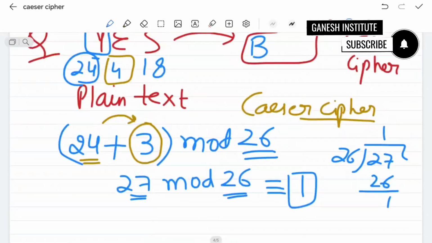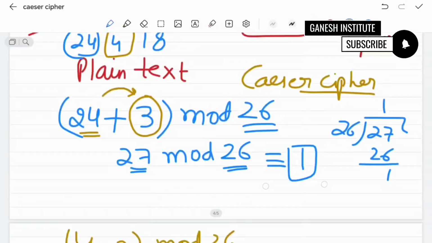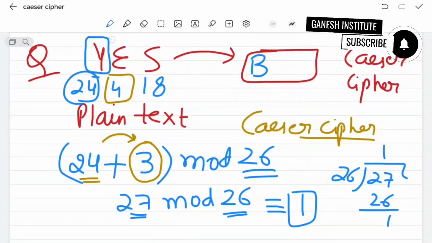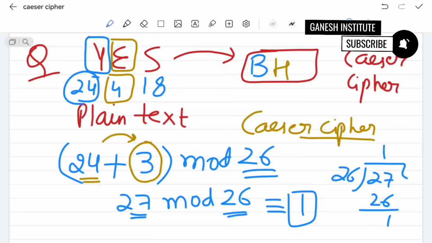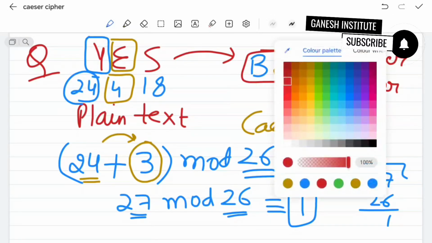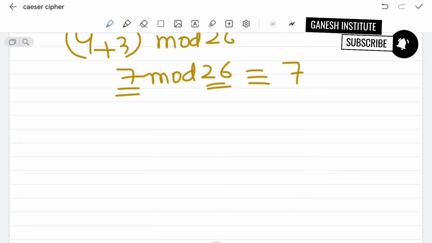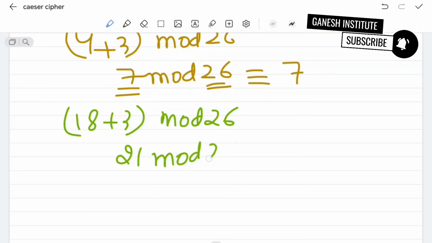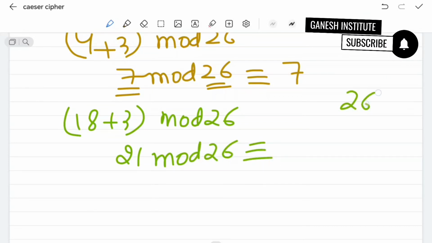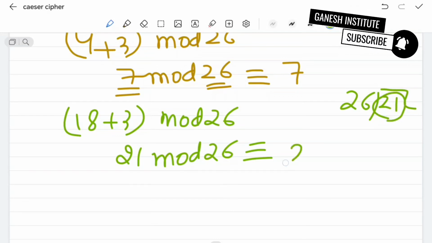The 7th place is H. So E has been transformed into H. Now S has the 18th place, so 18 plus 3 modulo 26 is 21 modulo 26, and again 26 cannot divide 21, so you keep 21 as the remainder.